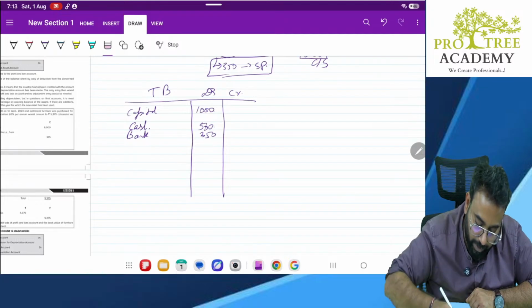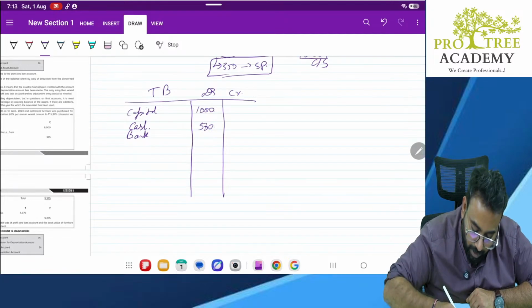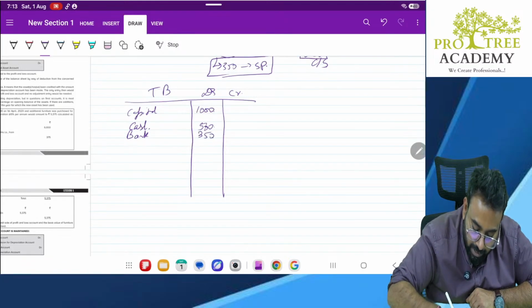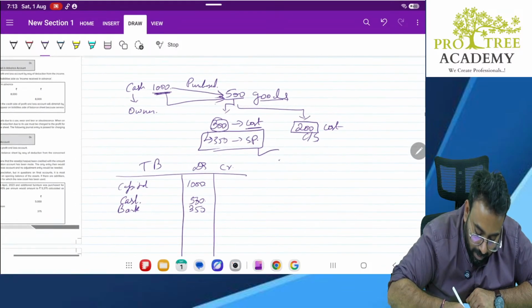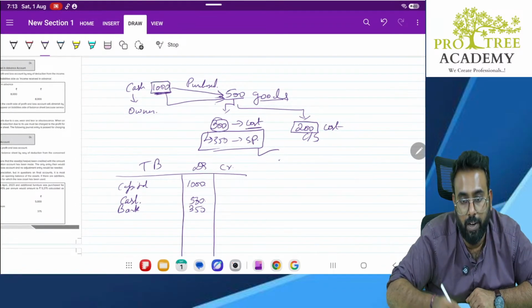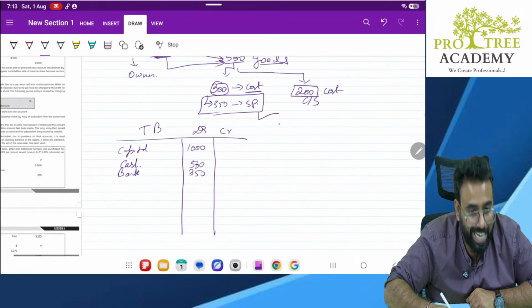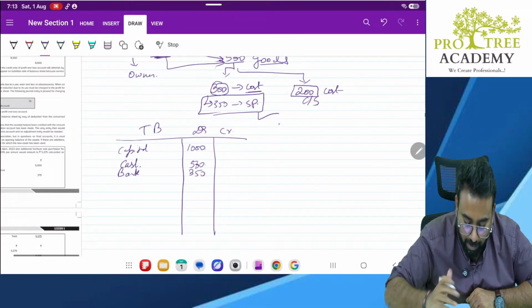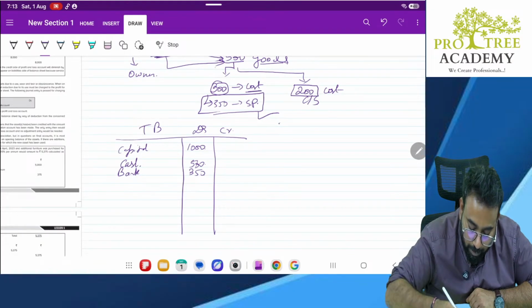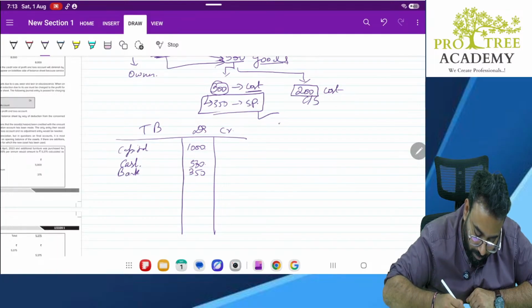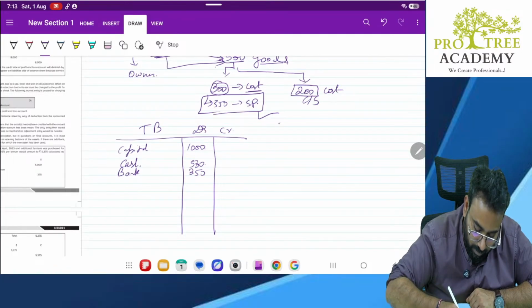Sir, what is this 350? 350 is the money which we have received by selling the goods. Sir, I had 1000 rupees, out of which I took 500 rupees worth of goods, so my cash balance will automatically become only 500. Now bank will become 350. Why, sir? Because I am selling the goods for 350. Okay, done, sir.